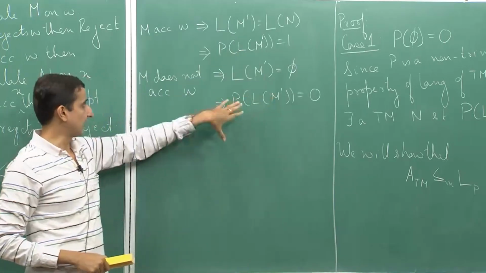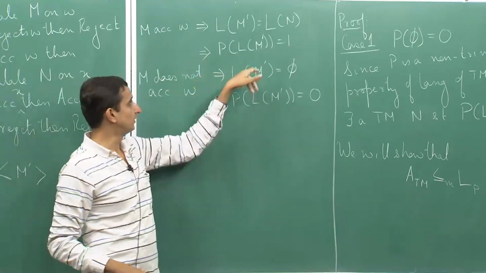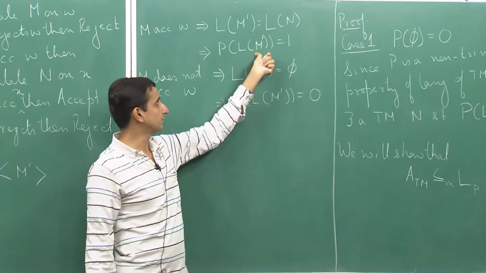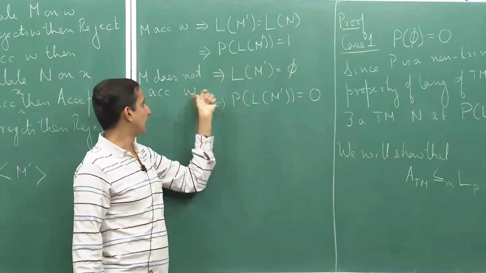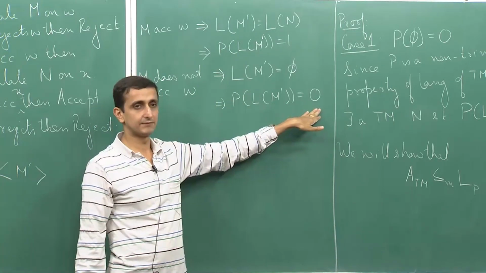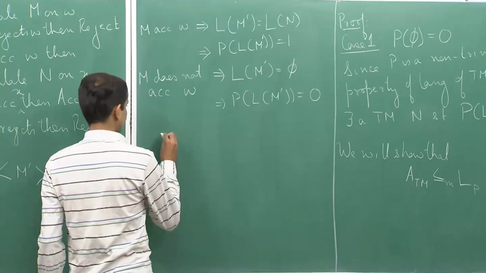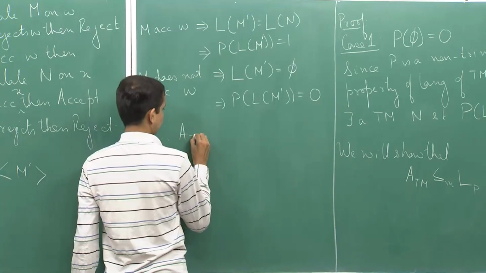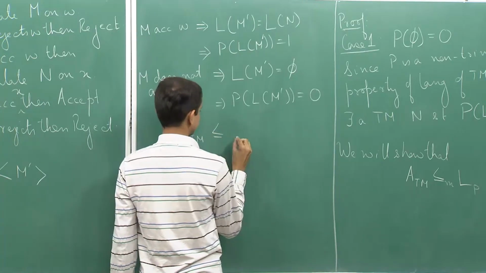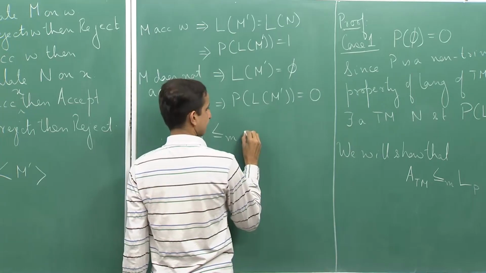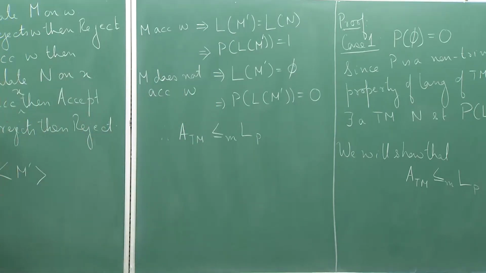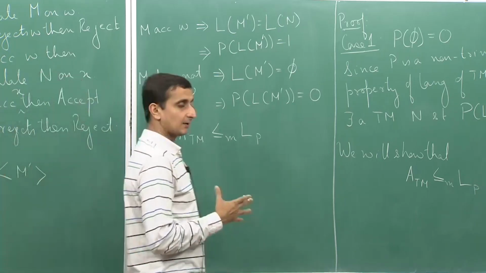So, what we have here is that if M accepts w, then P of L of M prime is 1, or the language of M prime satisfies P, and if M does not accept w, then the language of M prime does not satisfy P. Therefore, ATM reduces to the language of P. So, this is the first part of the proof.